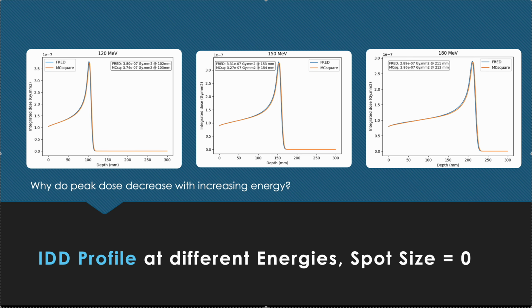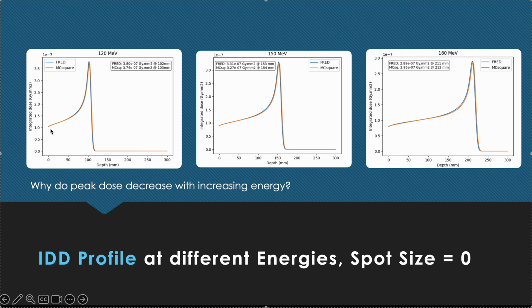Now, the question is, why does the peak dose decrease with increasing energy? You see, when the energy increases, our Bragg peak shifts deeper. When it goes deeper, that means the proton has to lose more energy while traveling to the peak. So it loses quite a big amount of energy when it travels farther, deeper in the tissue or water phantom.